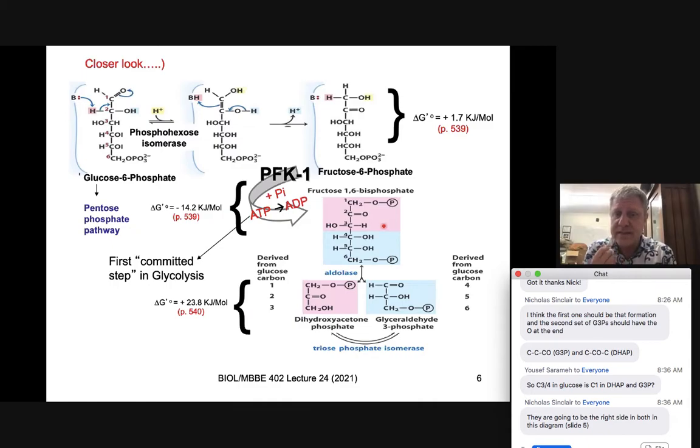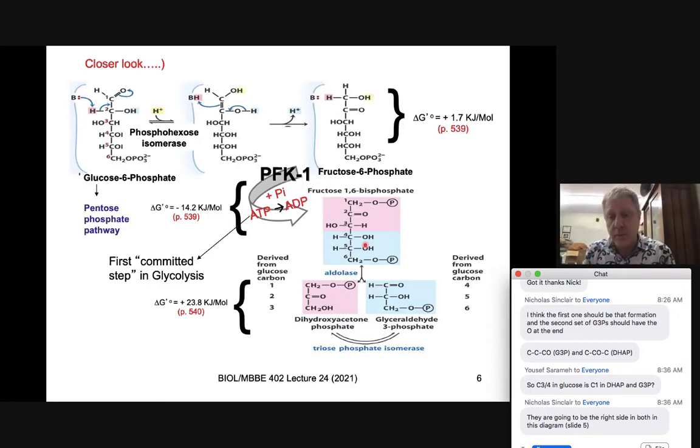Now, this is a commitment stage, because we cannot reverse, again, the issue of the arrows, understanding where the reversibility and where the single arrows are very key components in glycolysis and in gluconeogenesis, as well as in the TCA cycle.